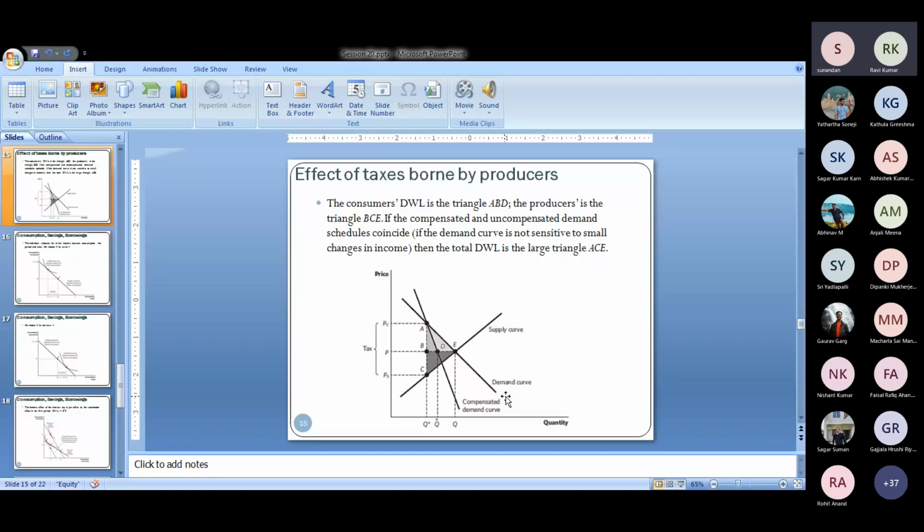Suppose this tax rate is marginal, a little bit. So his income effect is very small. Then let's assume his demand curve is not sensitive to the small changes. Then basically the compensated demand curve will coincide with the demand curve. And if that is the case, then the consumer deadweight loss will become ABE, and the total deadweight loss from imposition of this tax on the commodity will become the area ACE. Correct?